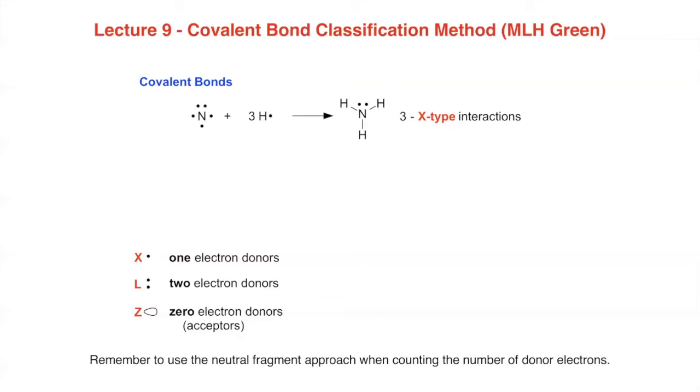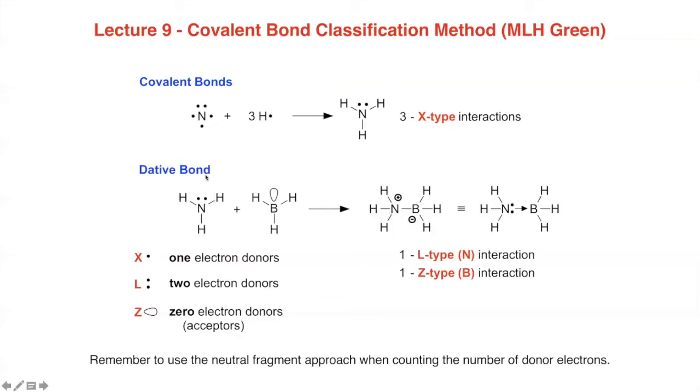Likewise, if you think about something other than a covalent bond, you can also have dative bonds, where you have, say, an ammonia molecule that binds borane, similar to ammonia, except that boron only contributes 3 valence electrons, so there's actually an empty orbital on boron. Here, the ammonia lone pair donates to the boron, and you end up with this nitrogen-boron bond, which can be depicted this way, showing formal charges, or this way without formal charges.